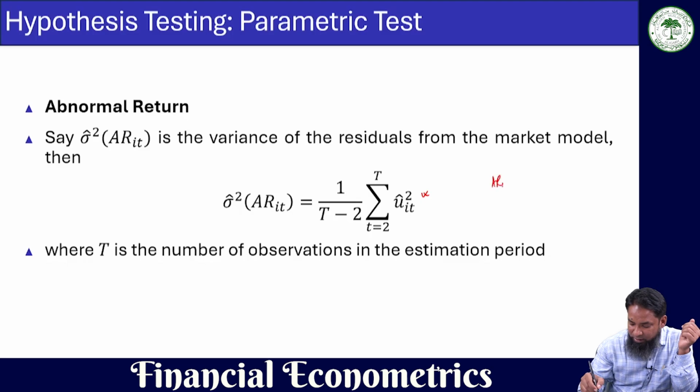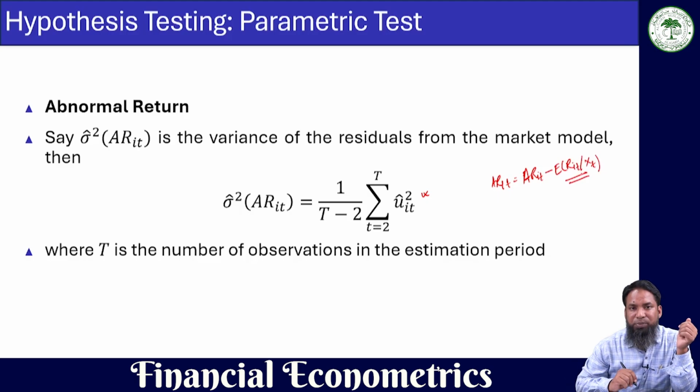Now, what is this abnormal return? Abnormal return was the difference between actual return minus expected return. And we have seen how we calculate the expected return; there are two approaches. One was the constant mean return, another was the market model.